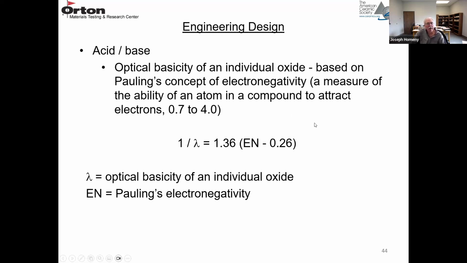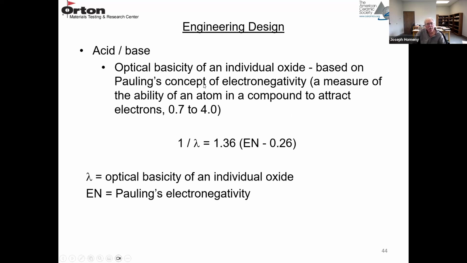It's an empirical rating based on experience. But there's another approach called optical basicity, and that's a more scientific approach. It's new to use in refractories. I don't know how many people actually use this, but it is a pretty good approach.